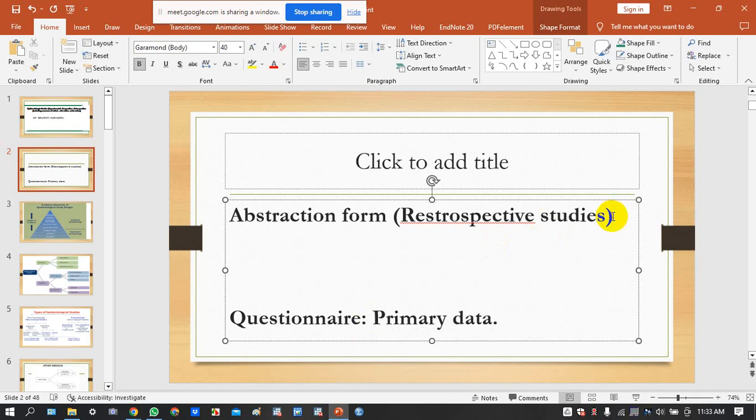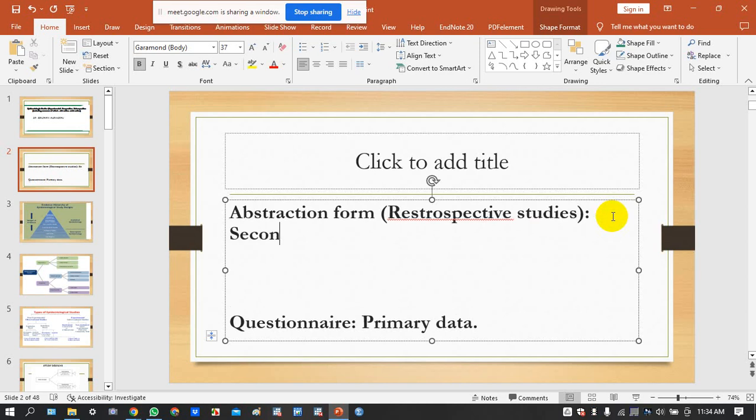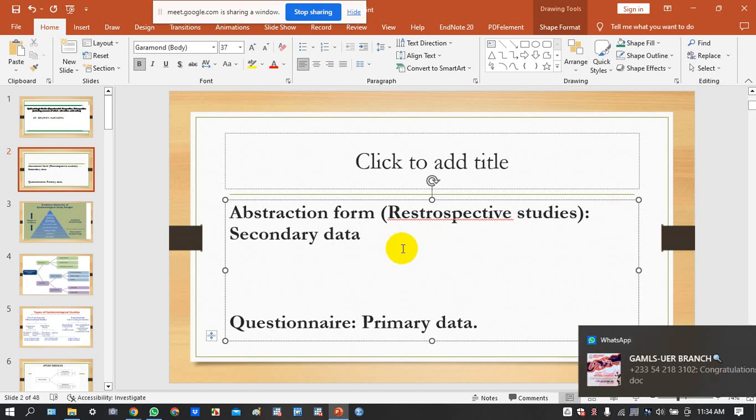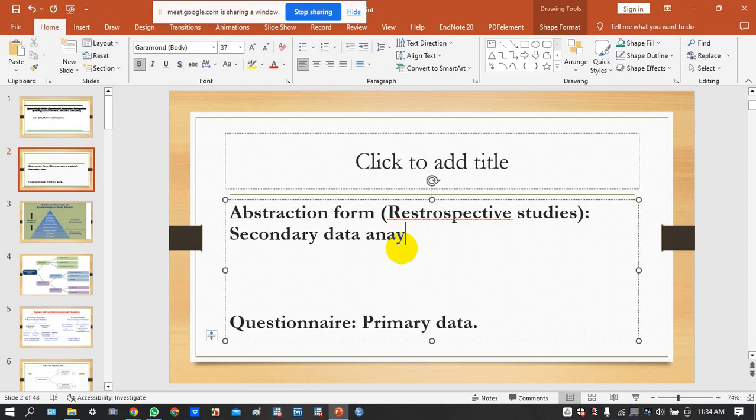You start from today and look back over the next 10 years, or any number of years you define, but it should be in the past. You look for data on Ebola, COVID-19, or anything. With this kind of study, the data you look for is called secondary data, so you are going to do a secondary data analysis.